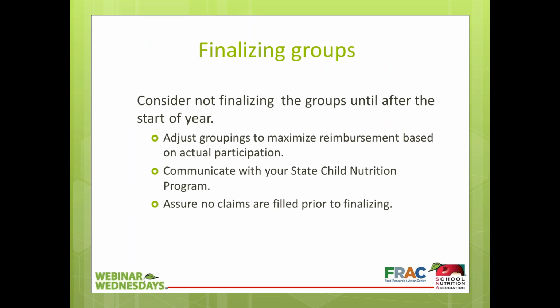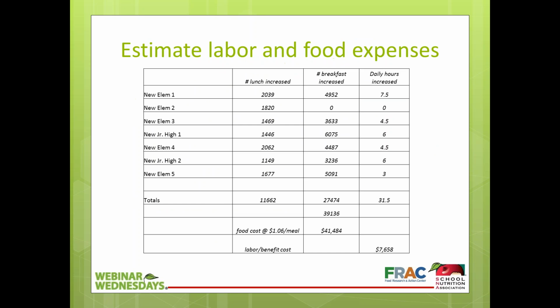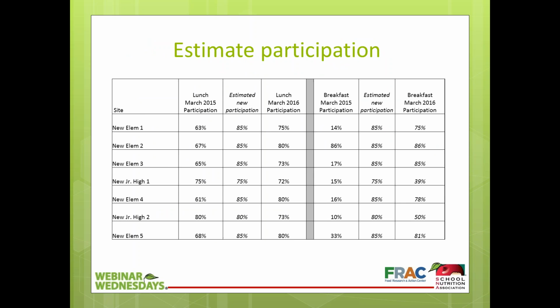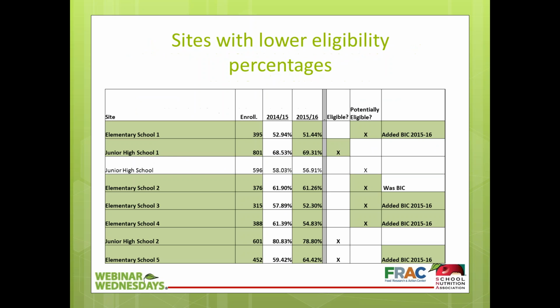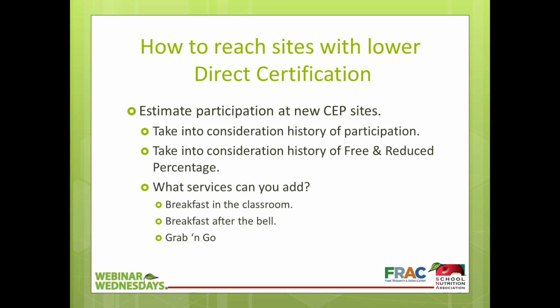We were looking at the history of participation at those school sites, and taking into account the history of free and reduced percentages, so what was happening at the schools. And then we were looking at adding breakfast in the classroom, breakfast after the bell, and also what kind of grab-and-go options we could add to the meal services.